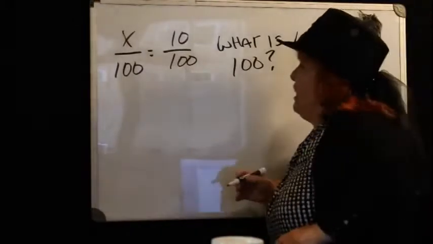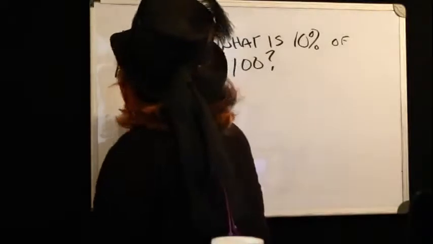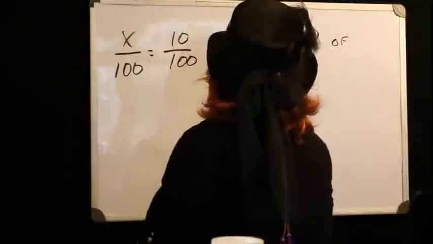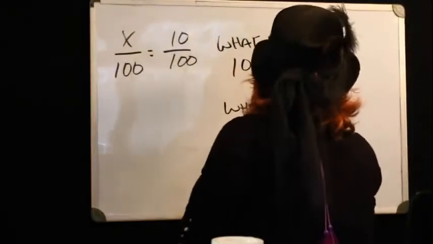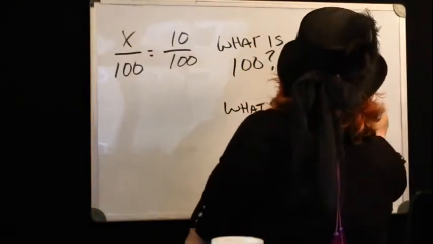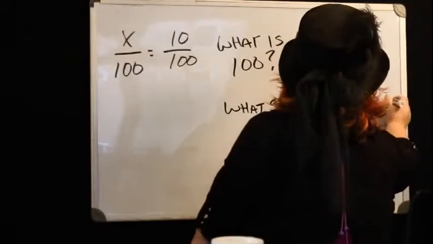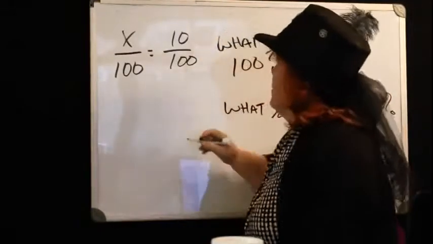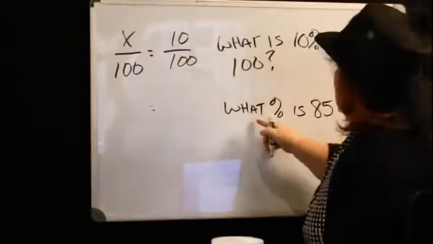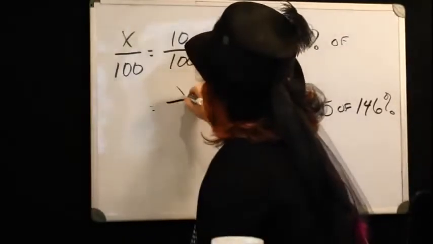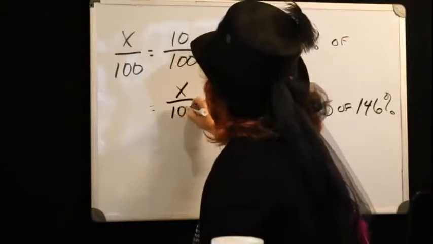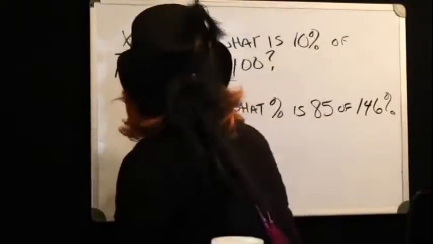Okay. Next one is what percent is 85 of 146? Okay? So the missing information is the percent. So I'm going to put an X over there. And I've got the part. This is the part.